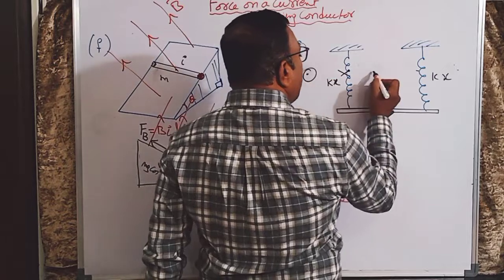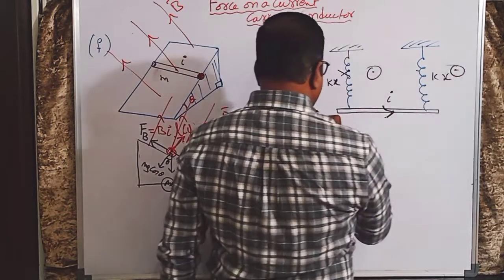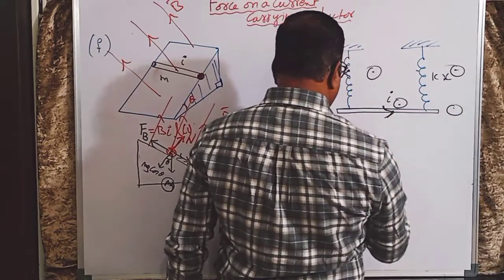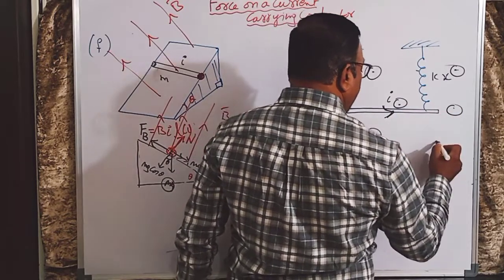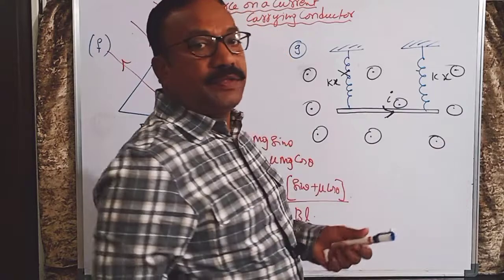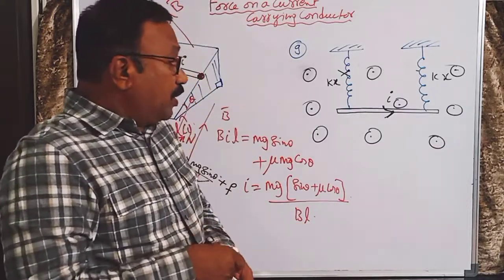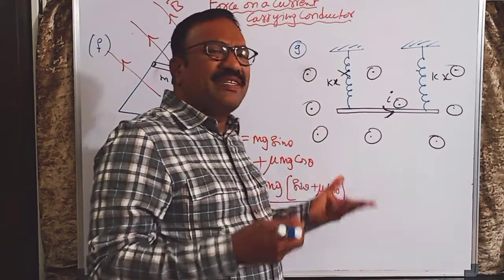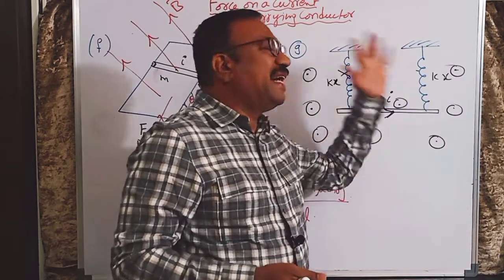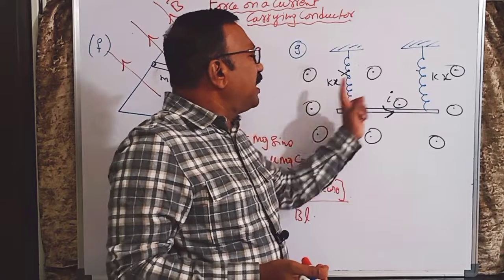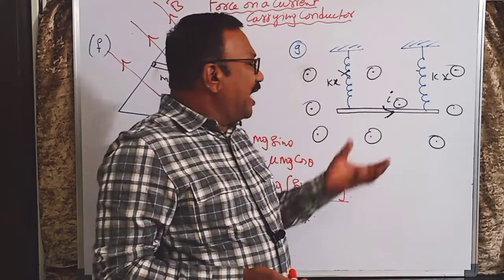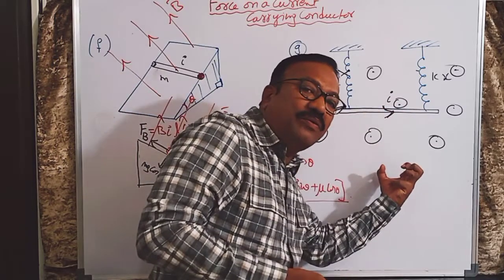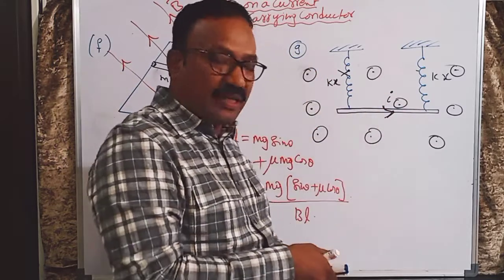There is an outward magnetic field here, so the magnetic field is coming out. So he wants the elongation in the spring. What are the forces that cause the elongation? These two are identical springs. Their spring constants are K. And due to the weight of this rod or some other forces, now it will move down. The springs will elongate. We want that elongation.